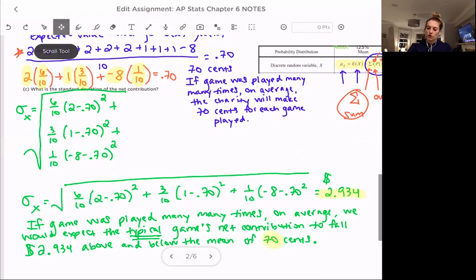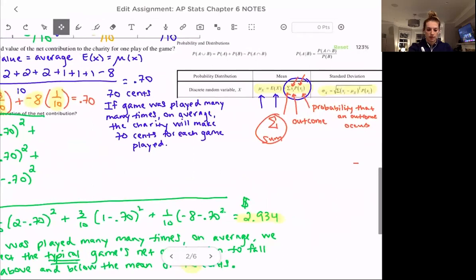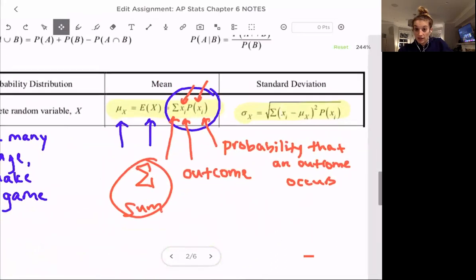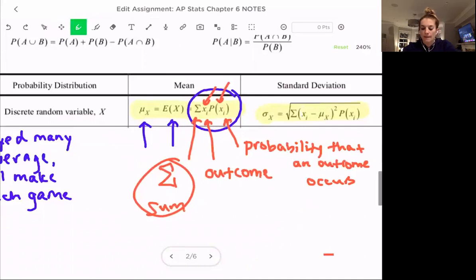Let me show you just one more time here the standard deviation formula. And I just want to point out why this should not be scary to you. You've got your big square root. You've got your sum. We're adding up a bunch of things. What are we adding up? We're adding up deviations. You're taking an observed outcome, $2, $1, negative $8, and subtracting mu sub x, the mean, the expected value of 70 cents.